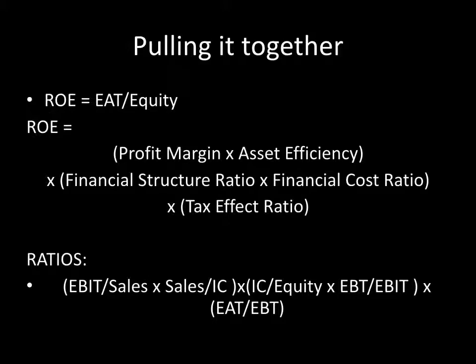And that'll roughly show us the impact of interest expense, what that has on our profitability. Then those two products multiplied by each other times earnings after taxes divided by earnings before taxes, which will be our tax effect ratio. All of those combined will be able to give us return on equity and give us a sense of, okay, what is causing return on equity to change?